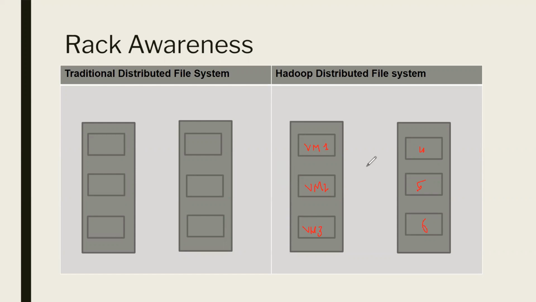Okay, so you remember, right? We had 3 slaves. Let's suppose the 3 slaves were here in a single rack, VM1, VM2, VM3. First, can you tell me if you know what a rack is? No. Good. So think of a rack like a shoe rack you have, right?